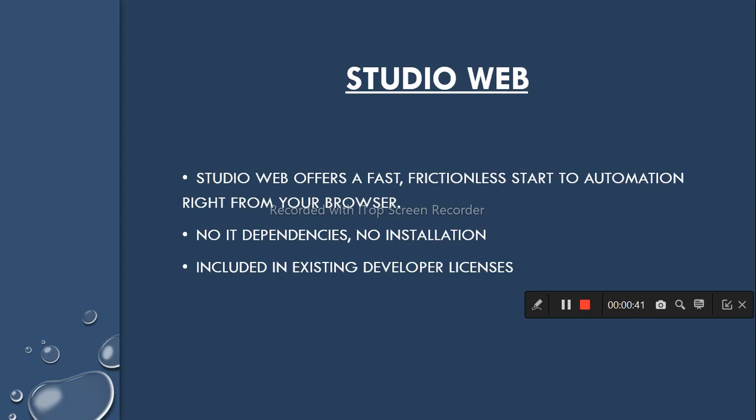Previously we were using the UiPath tool, where we needed to download and install it, and only then could we start automations. And there is one more advantage: included in the existing developer license itself, we can launch the Studio.